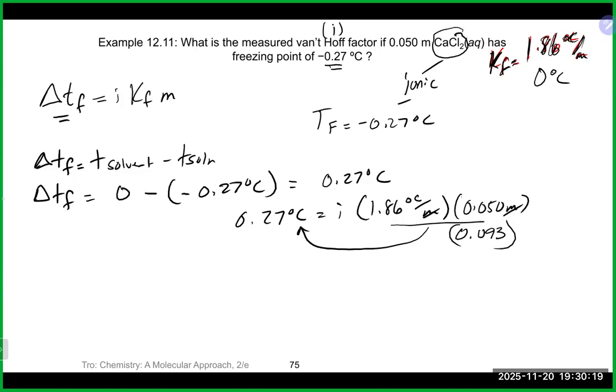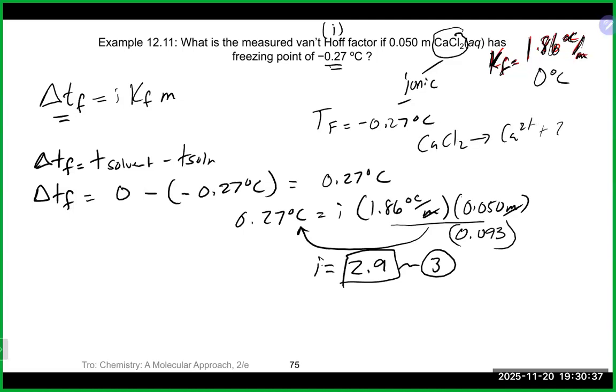And 0.27 divided by that will get us an i of about 2.9, which is pretty close to 3. That's what we would predict i to be in this case, as calcium chloride is, as we saw earlier, a calcium ion and 2 chloride ions. That is a prediction of i being 3, which is very close to the measured value here.